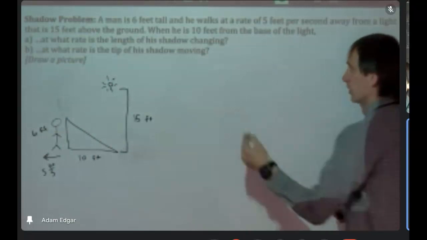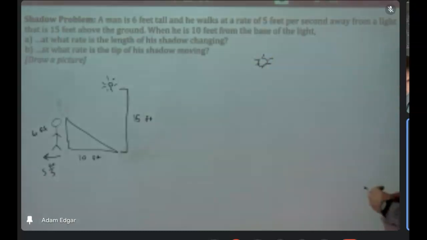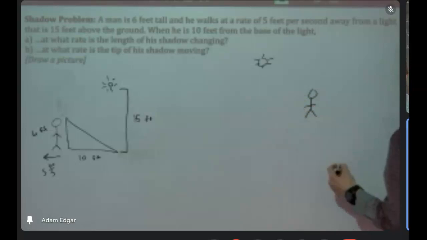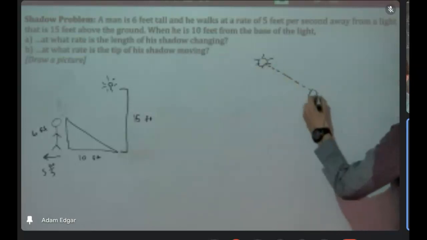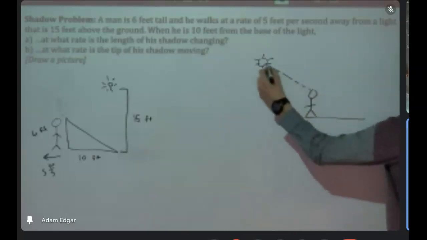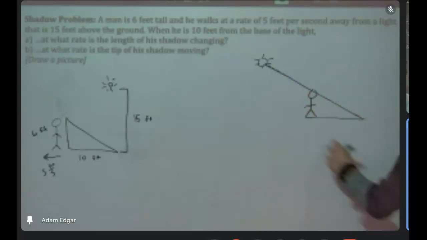So here's our lamp, which looks suspiciously like a sun, but okay. And here's our person. And the lamp looks at the person, and then the person casts a shadow on the ground, right? So we have that. So, boom.